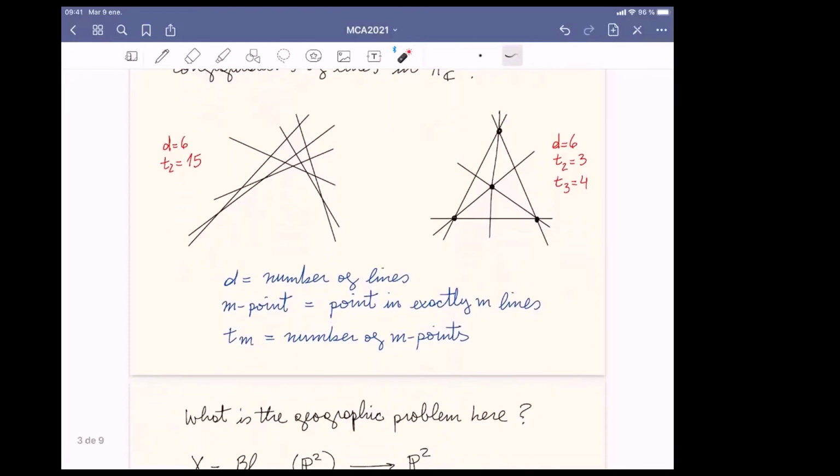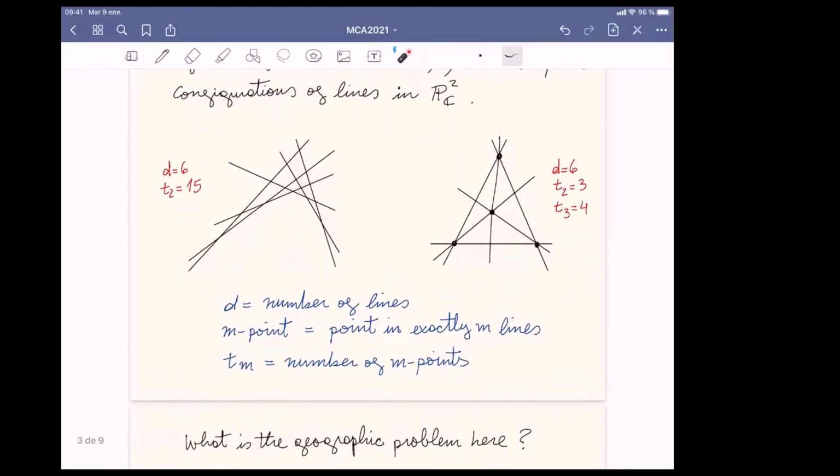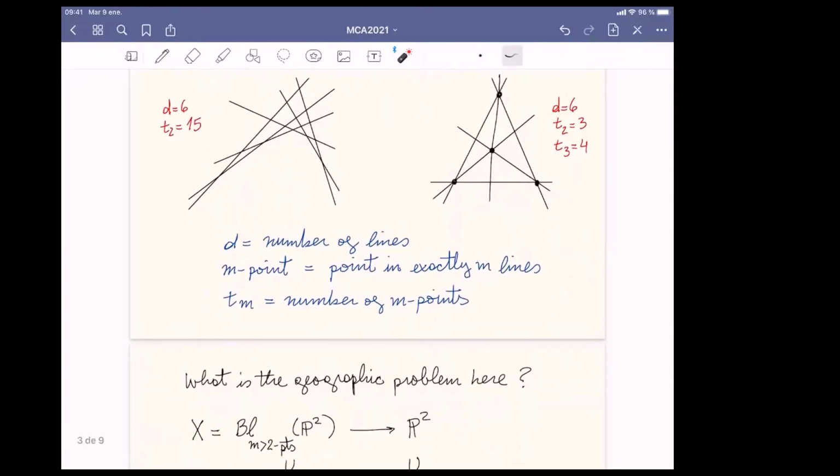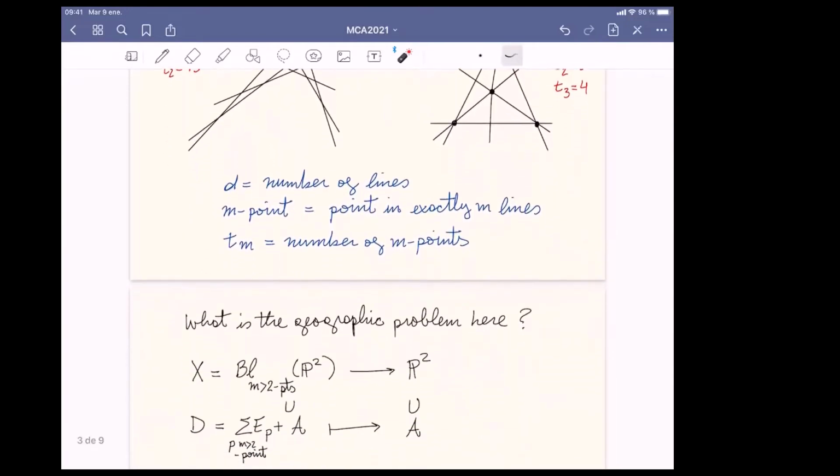And then what is the geographic problem here? Let me explain that. I have a configuration of lines that you see here in P2. And now maybe you have these more complicated points, so we blow them up.